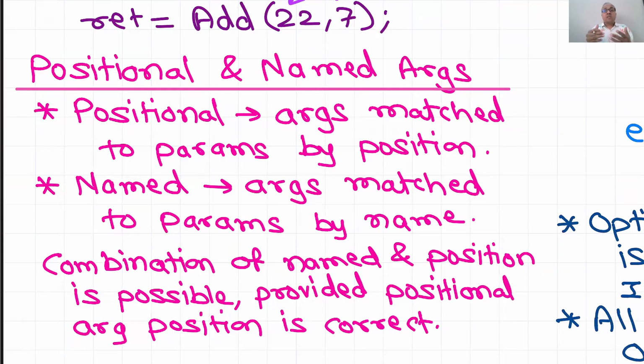By default, function arguments are positional arguments, meaning the first argument is collected into the first parameter, the second argument is collected into the second parameter. This is a similar concept to other languages like C, C++, and Java. So arguments are matched to the parameters by their position.